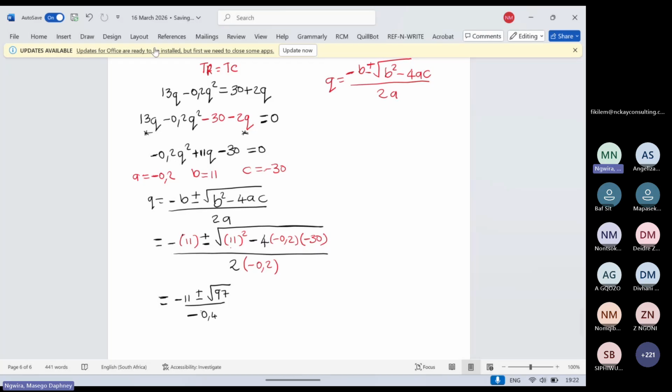We are going to have two answers when we solve because of the plus or minus. The first answer, you're going to use a plus. I'm going to do it here, I don't want a lot of steps.